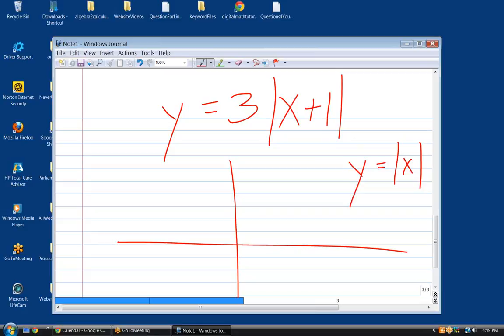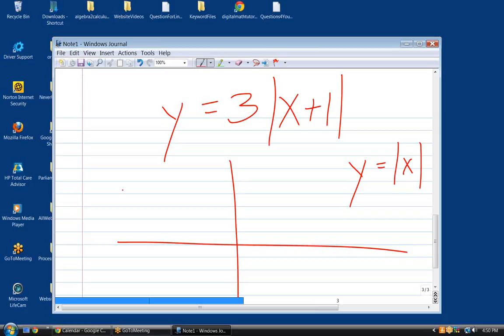My teacher always calls it the parent function, is that right? What does she call it? The parent function. She calls the absolute value function the parent function? Instead of the elementary function, she calls it the parent function. Yes, that's absolutely correct.